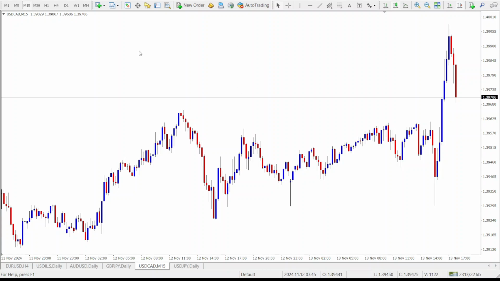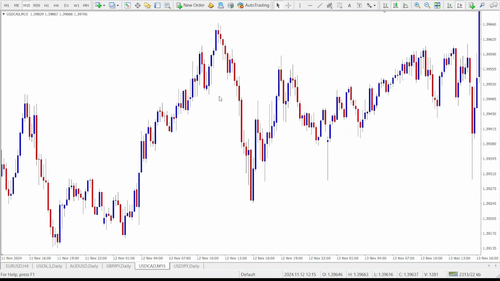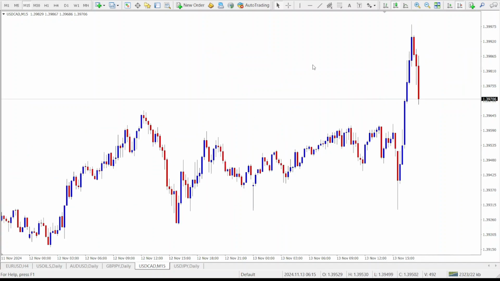Let's start with triangles. A triangle pattern forms when the price moves within converging trend lines.